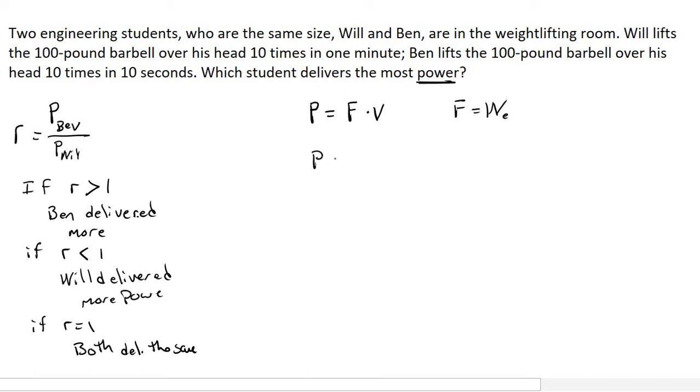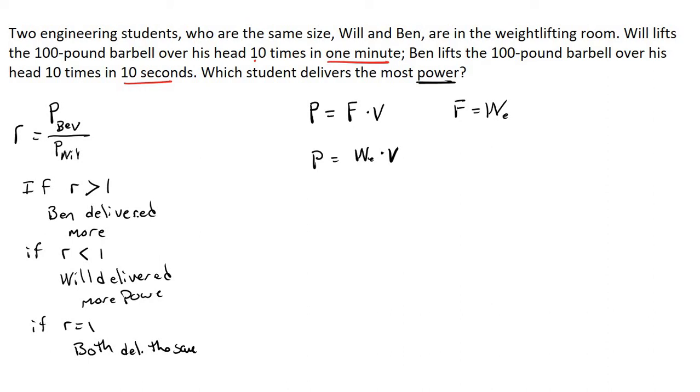So the WE times the velocity is power. Now, one thing to note is we don't have velocity, but what we do have is time. We have the time of 10 seconds, and we have the time of 1 minute. So let's play around with that.